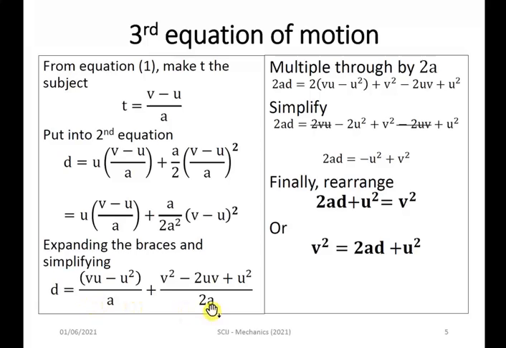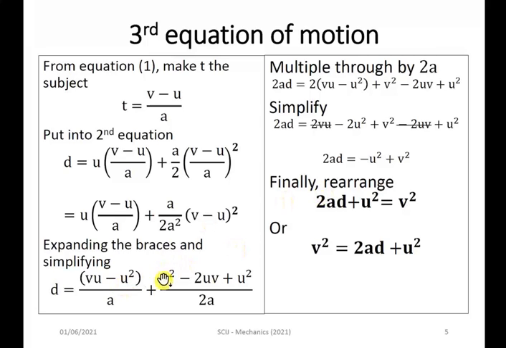We want to have a common denominator, so what we do is we multiply through the whole equation by 2a. So we multiply this term by 2a in order to obtain 2ad here, and when we multiply this one by 2a, the a here, acceleration here cancels the a there, leaving 2. This is the 2. Then later on we are going to expand this one.